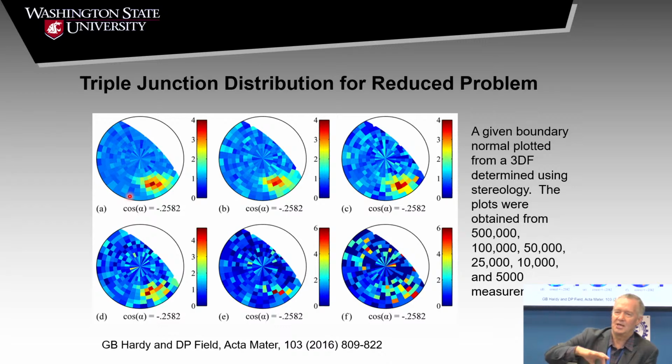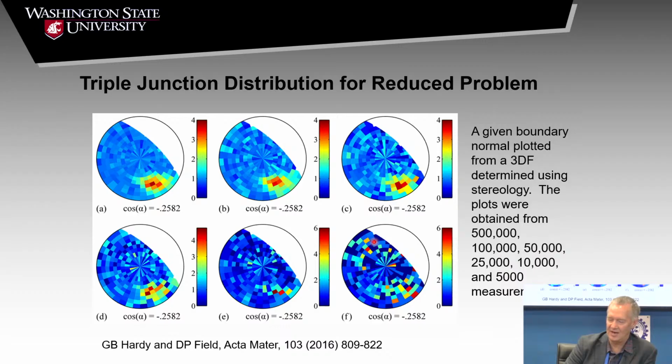And he created a numerical microstructure. So he created this fake microstructure where he had a really strong peak in the triple line orientation distribution. And he said, let's use 500,000 measurements and represent this in this type of space. And that's 500,000 measurements.